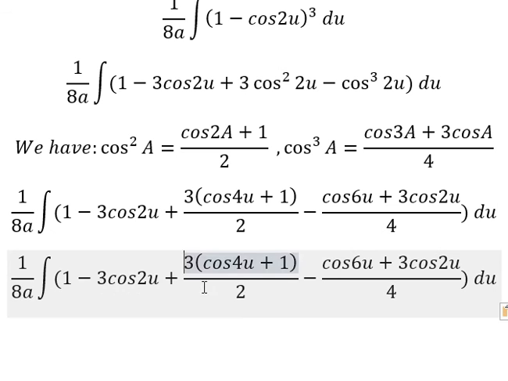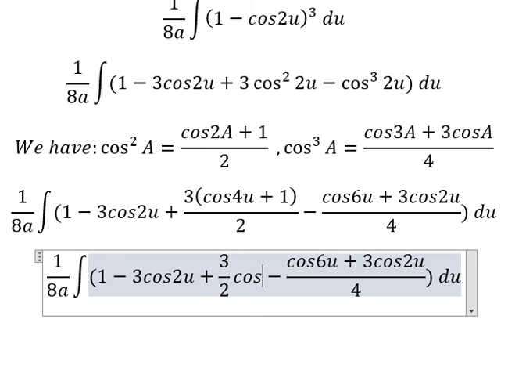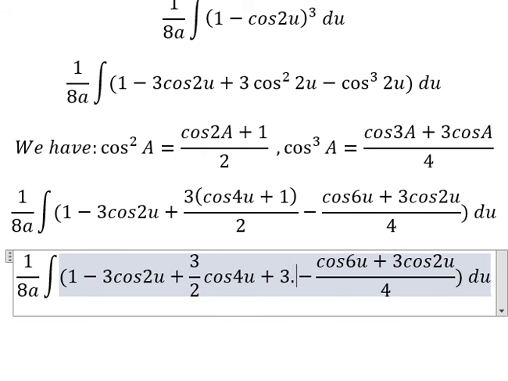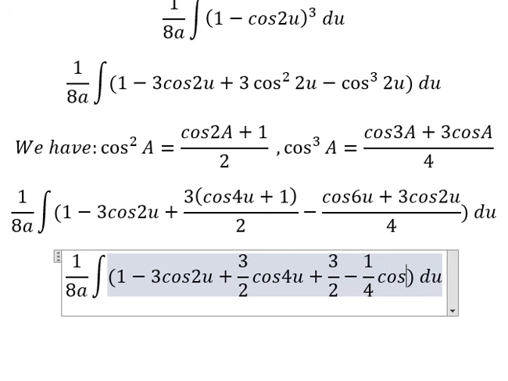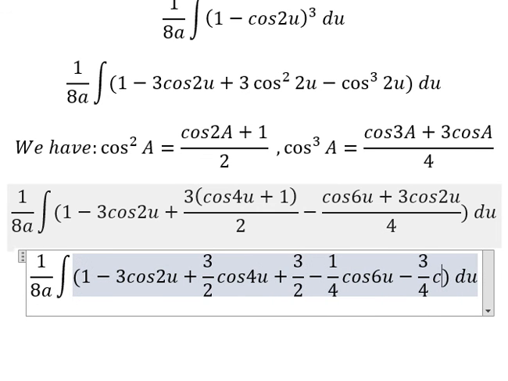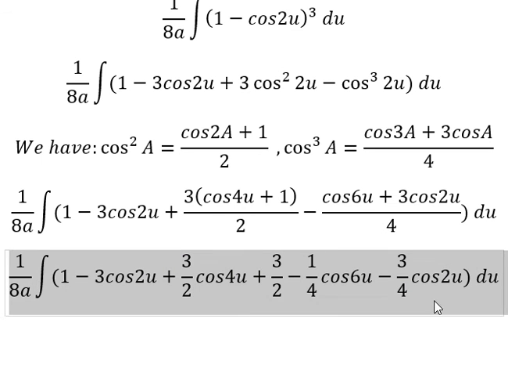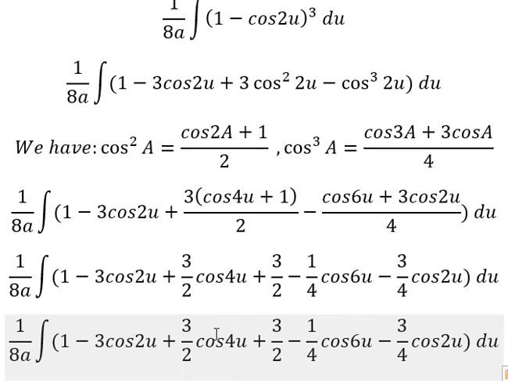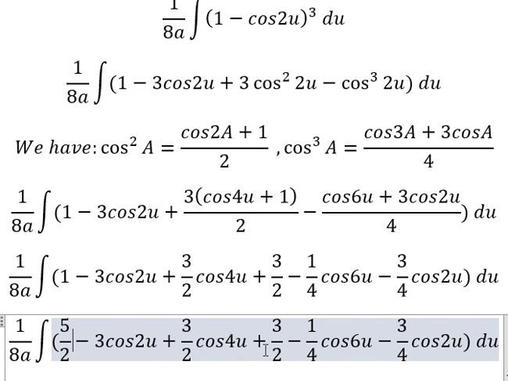Now we need to separate them here. Now we need to simplify. 3 over 2 plus 1, we will have 5 over 2.